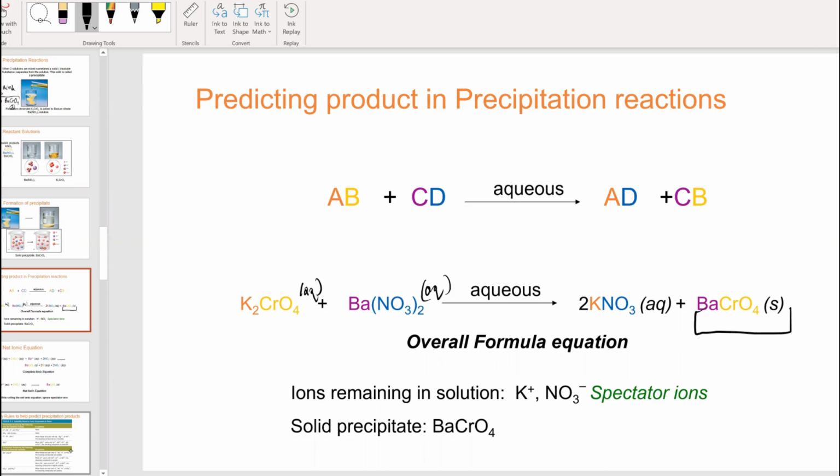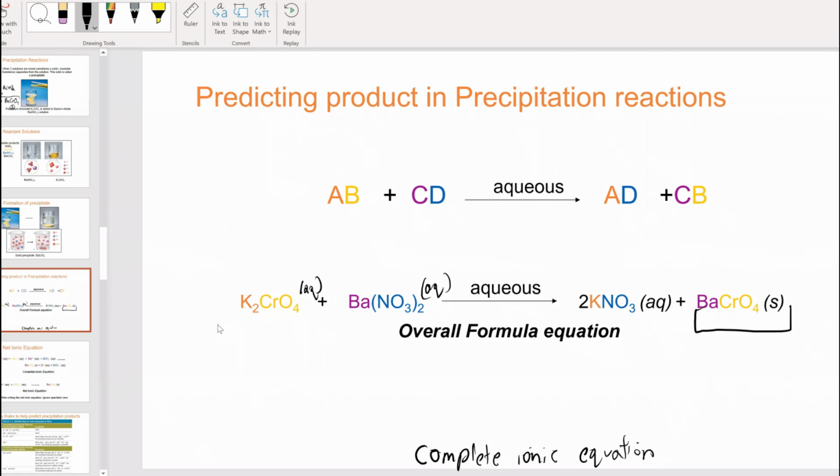The next step we do, after we have the overall formula, is we can create something called the complete ionic equation. It tells you the accurate representation and behavior of each of these ions in an aqueous solution. Whereas the overall formula equation doesn't.